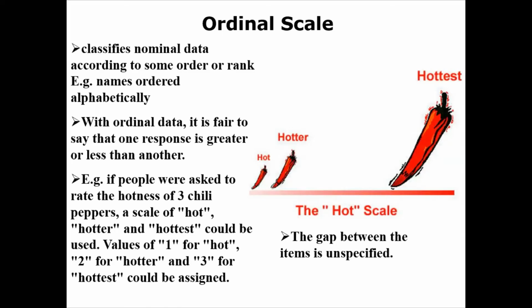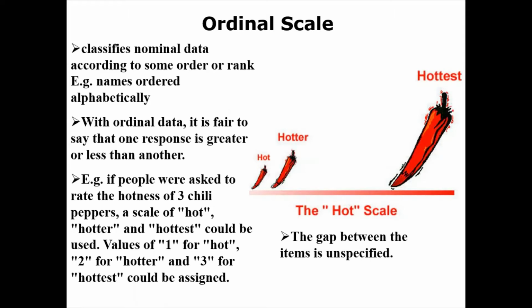So ordinal data is used when we need the order of the data, or when we require a rank for data. We assign some numbers and they should be in order. We cannot skip the numbers. It requires some order.